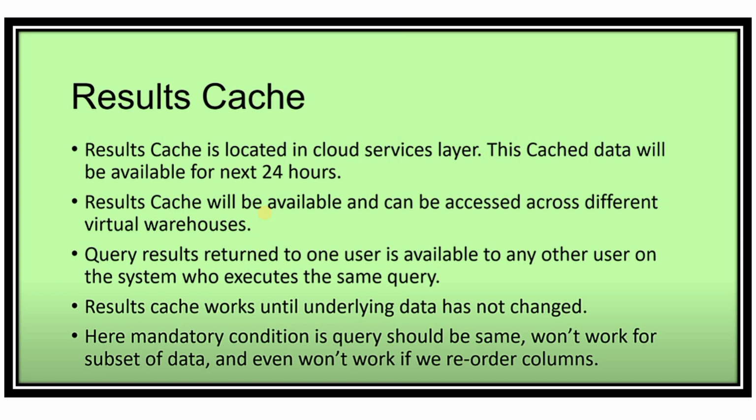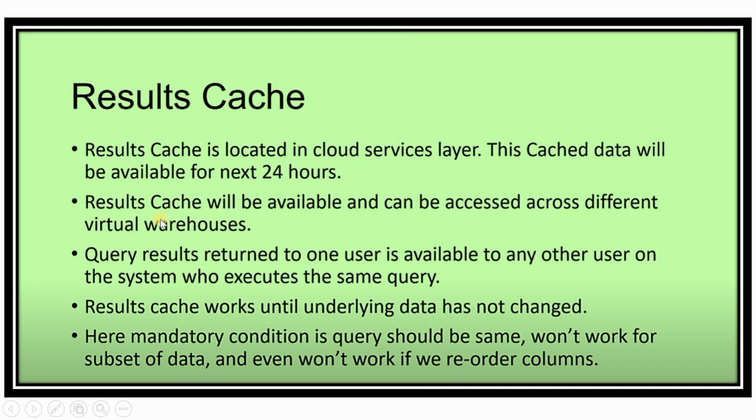Now suppose you fire the same query in another warehouse, warehouse B. That will also work in warehouse B. When you fire the same query, it will not move to the remote disk, it will just move to the results cache and fetch the data from there, because you have fired the same query in another virtual warehouse. So the results cache is available to all the different warehouses.